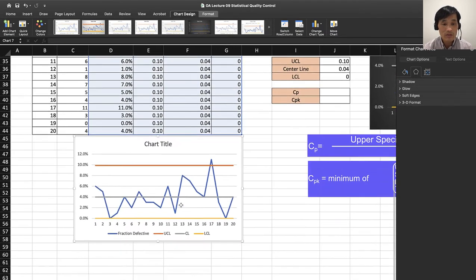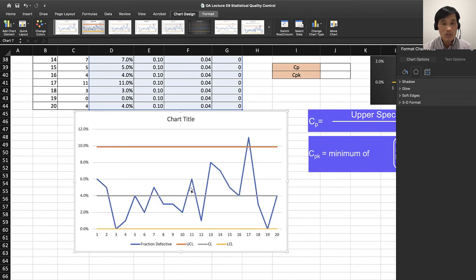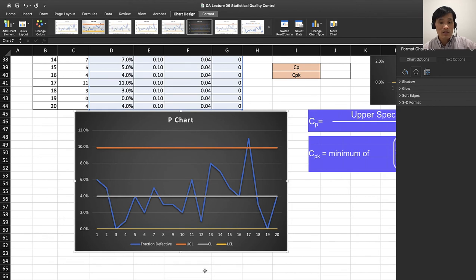So you have a line graph there, and you can change the name to P chart. And that's it, right? However, I can make it look nicer, and right here, the P chart is constructed for you.